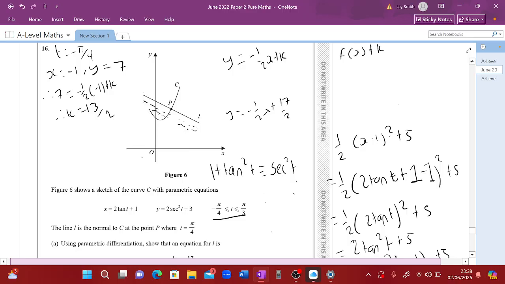So what's going to happen then? As I shift the curve down from, what was it, 17 over 2, this L, if I shift it down, then I get the first intersect, where it intersects twice.